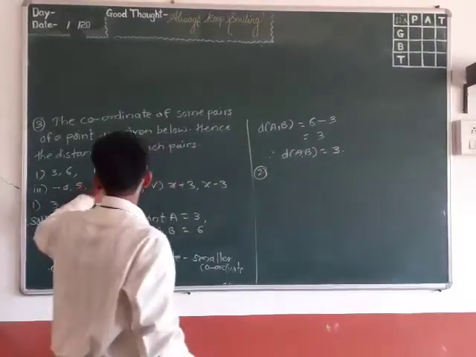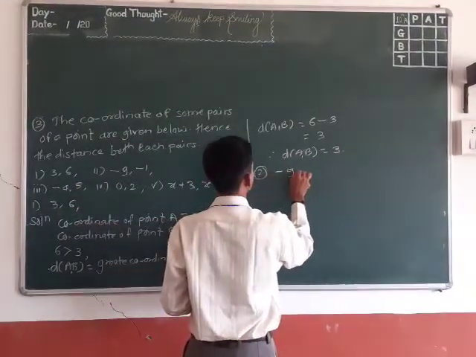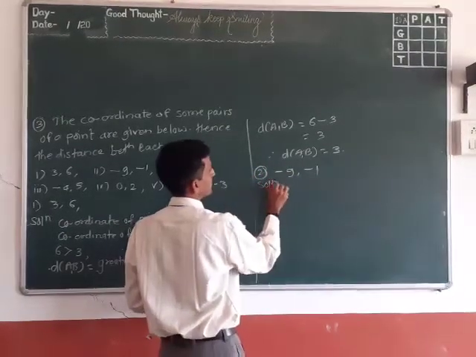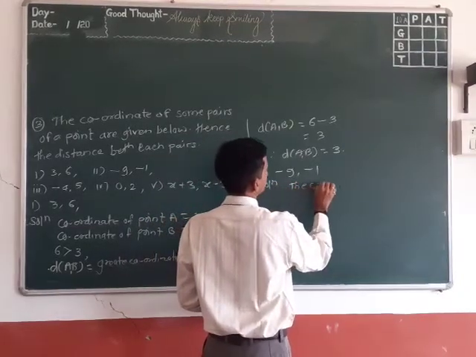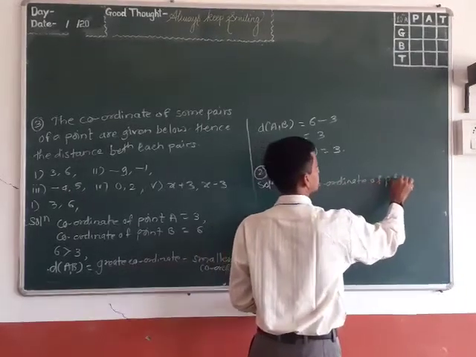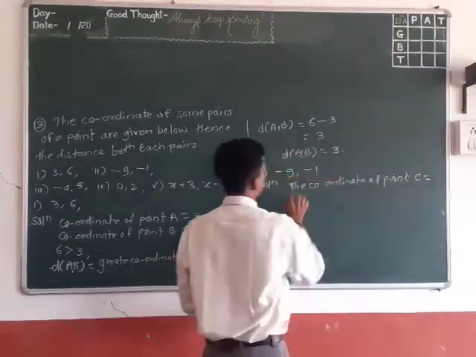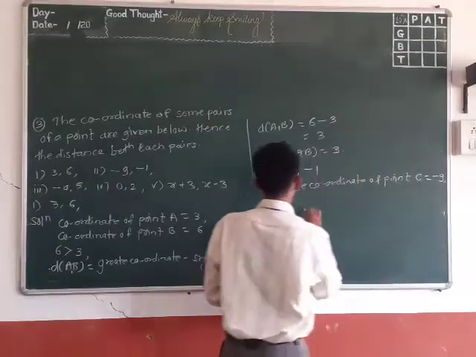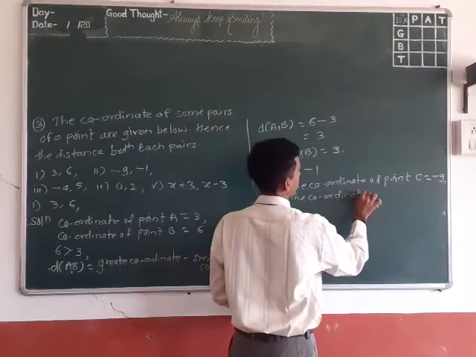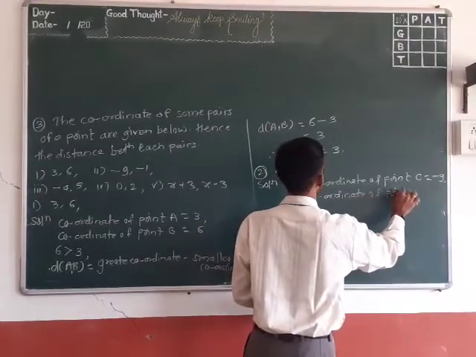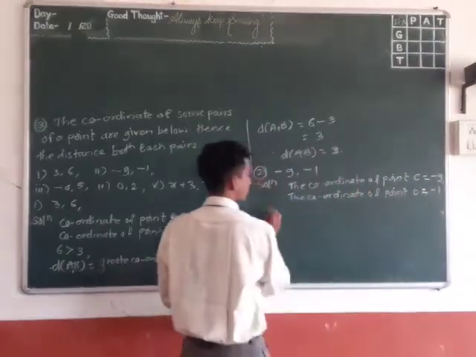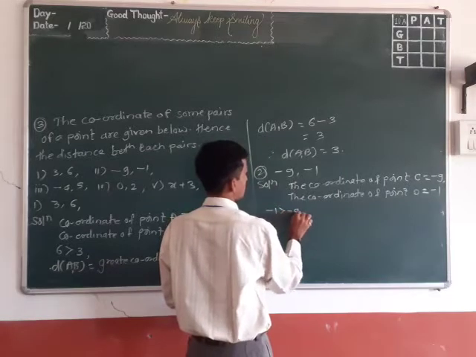Second is -9, -1. Solution: the coordinate of point C is equal to -9. The coordinate of point D is equal to -1. The greater coordinate is -1.